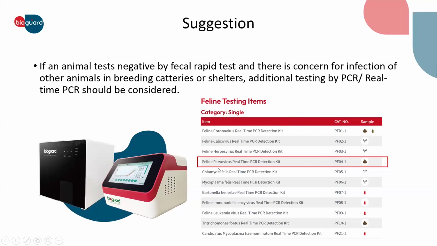Like here, of course, in this case, we can detect Feline Parvovirus from the feces sample, and other possible pathogens causing diarrhea, like coronavirus and Giardia, can also be detected using our Q-mini real-time PCR detection kit.